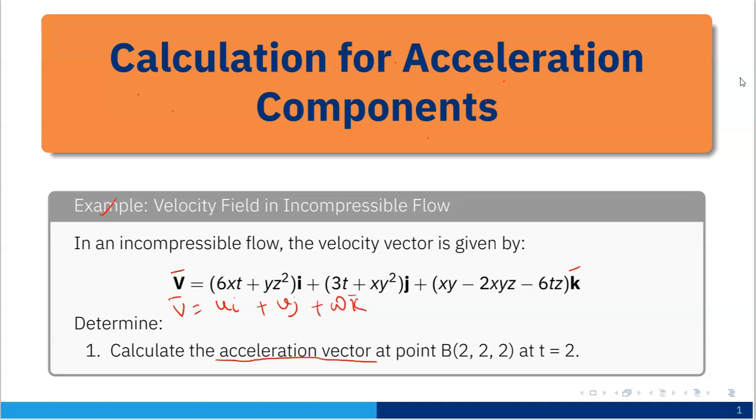If I compare, the velocity we can write that way: u will be 6xt plus yz², v will be 3t plus xy², and w will be xy minus 2xyz minus 6tz.